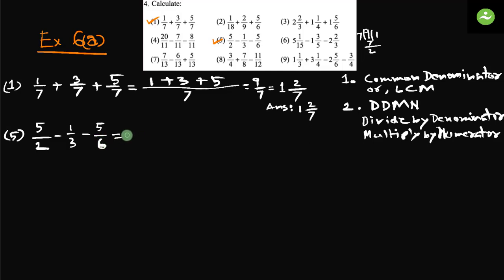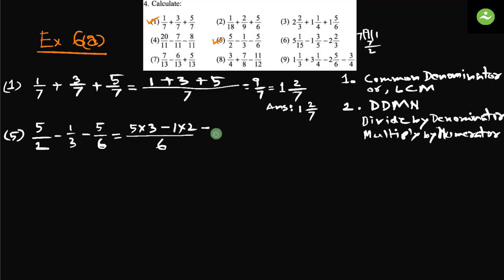equals to, what is the common denominator here? Should be 6. So formula DDMN, divide by denominator. So if we divide 6 by 2, it is 3. So 5 into 3, minus sign. Then divide again by 3, so 2. 1 into 2, minus sign.